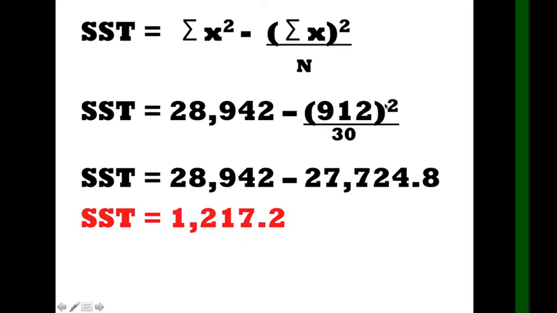So 912 squared divided by 30 is 27,724.8. If the decimal places are too many, you may round your answer to the nearest hundredths. Then subtract the two and you will get 1,217.2 for the SST, or the sum of squares total.